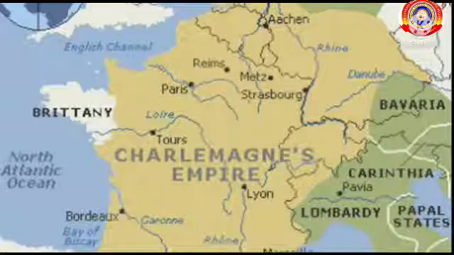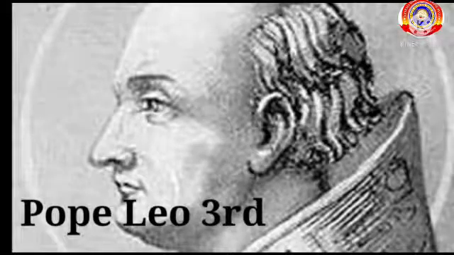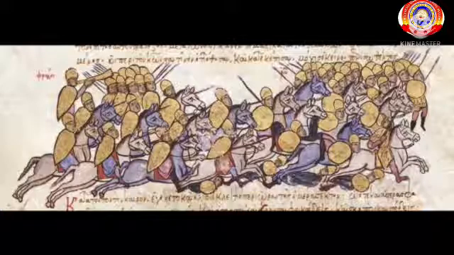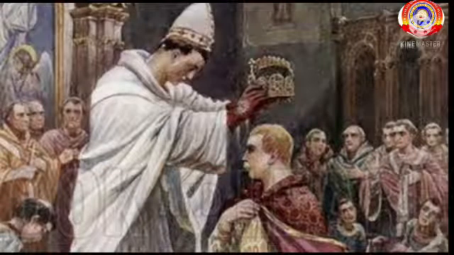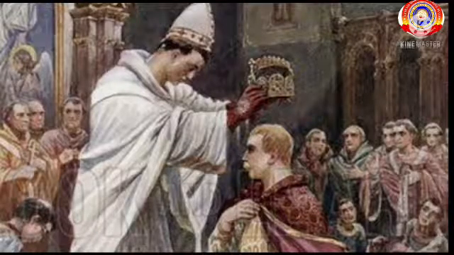The empire of Charlemagne was larger than the Eastern Roman Empire. Charlemagne saved Pope Leo III, the spiritual head of the Catholic Church, from the tribal attack of the Lombards. As a token of gratitude, the Pope crowned him as the Holy Roman Emperor.